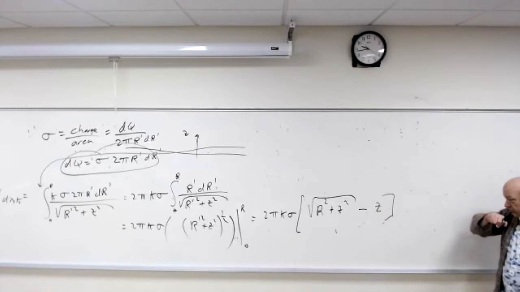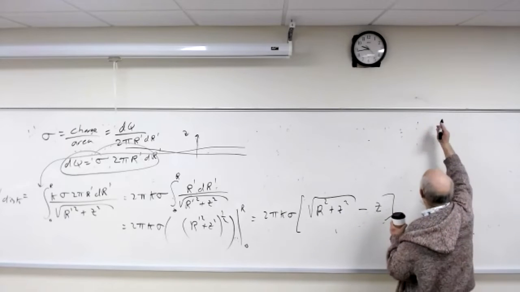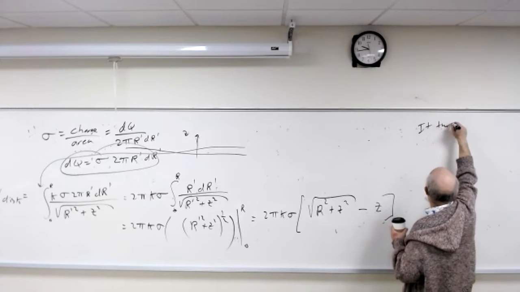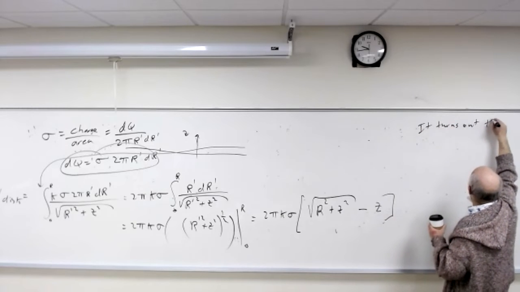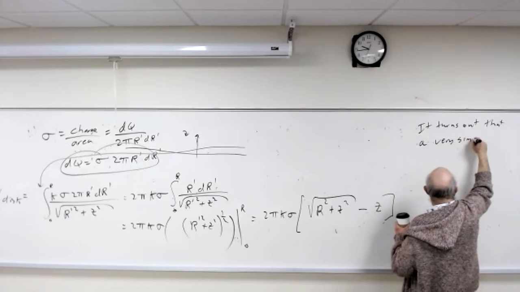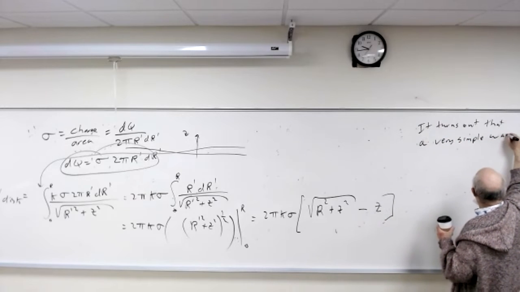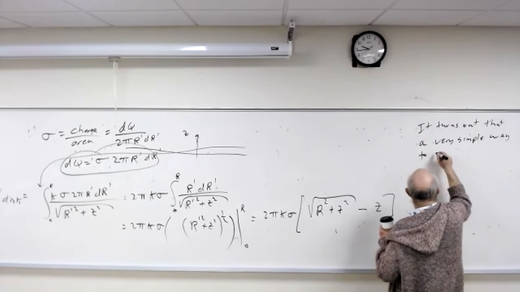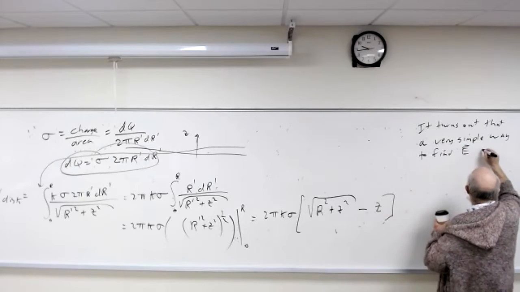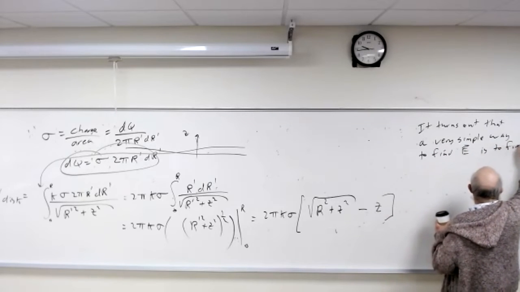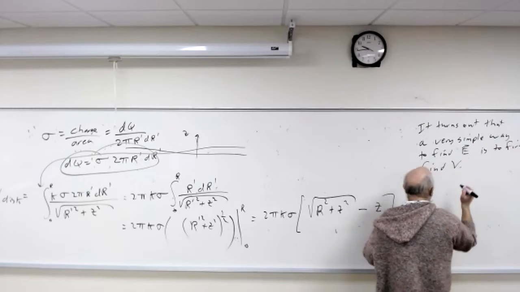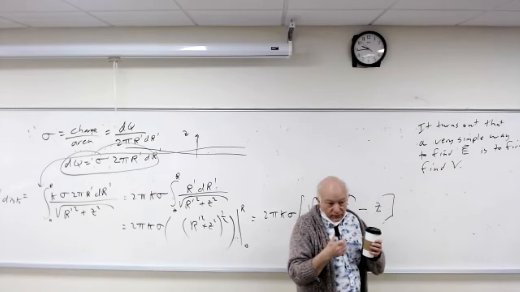Now I want to show you something else, okay? So this is now kind of theory. It turns out that a very simple way to find E is to first find V. And I want to convince you of why this is the case.